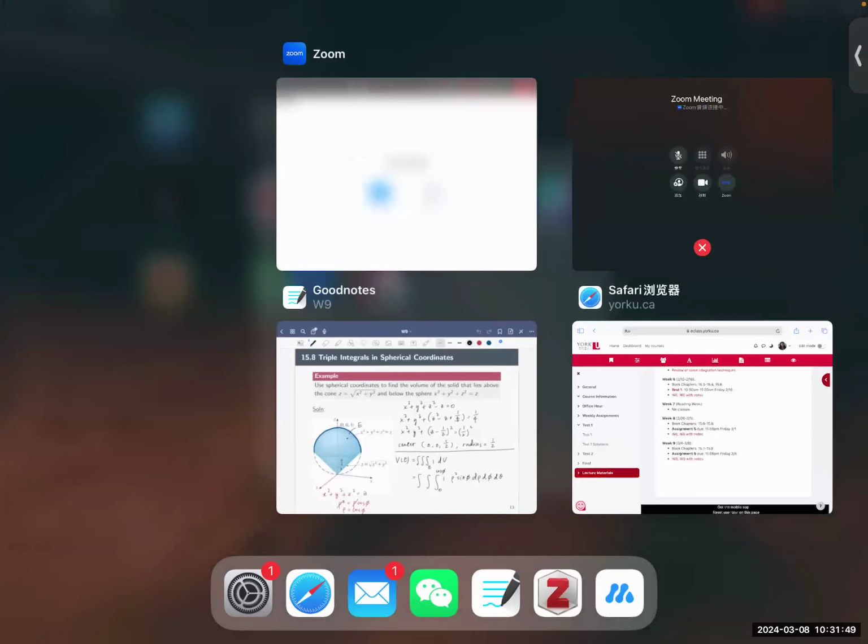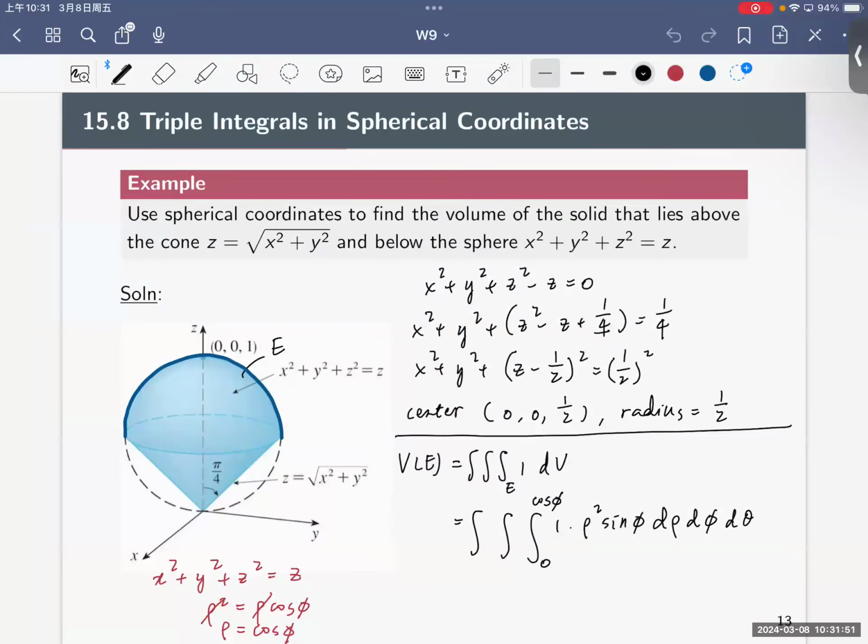All right, so we'll continue to finish the spherical coordinates in triple integration. Last time we talked about this example where we found the limits, 0 and cosine theta for rho, that is the distance from any point on the surface to the origin. Next, we want to find the integration limits for phi.